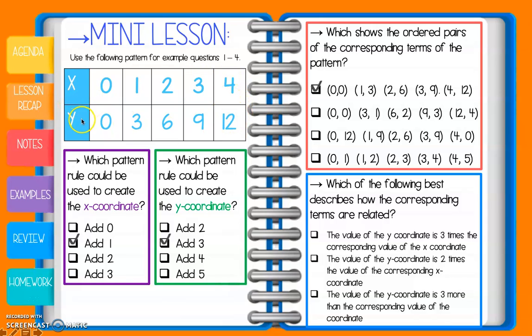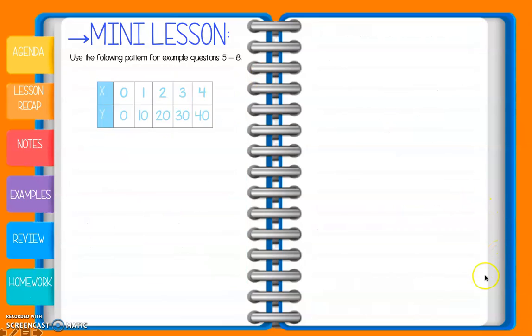So for every single row, we're taking our x value and multiplying it by 3. Down here, it says 3 times the x. That's what we're doing every single time, to get our y value. Okay, let's take a look at another set of ordered pairs.